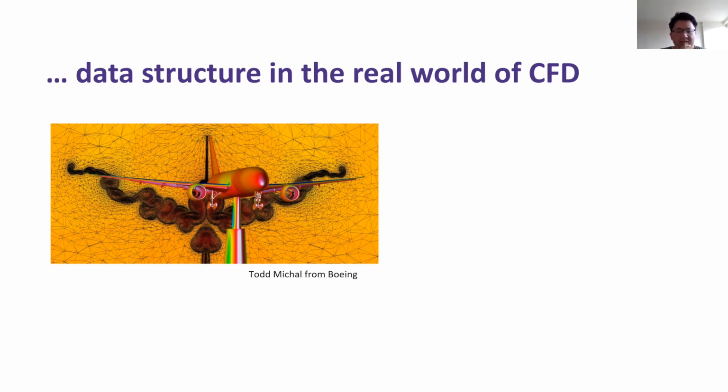However, if you look at this picture, because the mesh is adapted over time, that means the mesh topology is changing over time. Previously in this region there may have been 10 cells, but in the next second it could be 20 cells or maybe 40 cells. So overall, the number of cells can change over time.